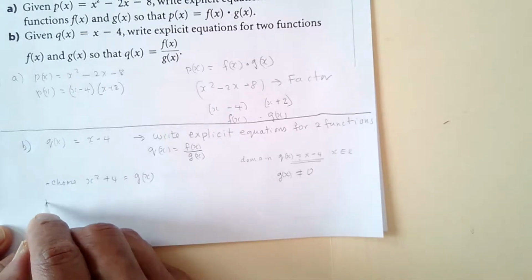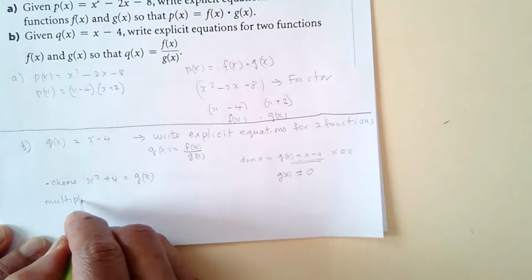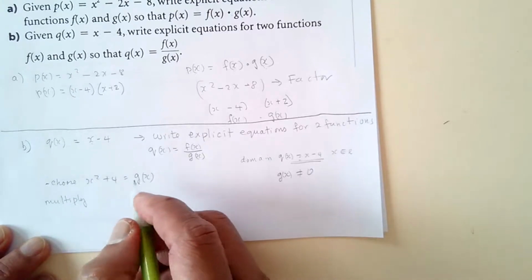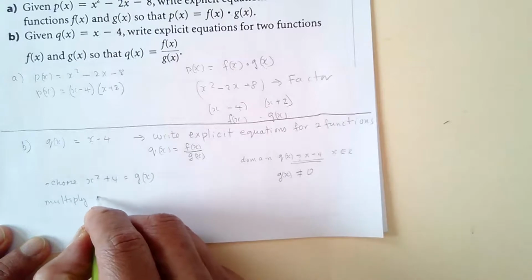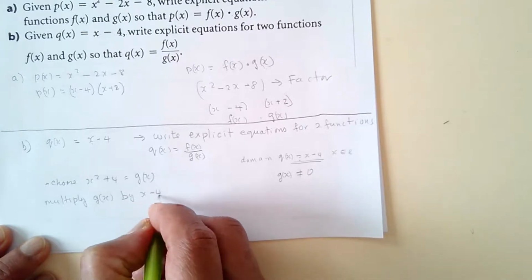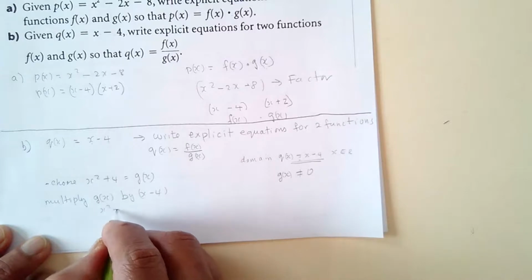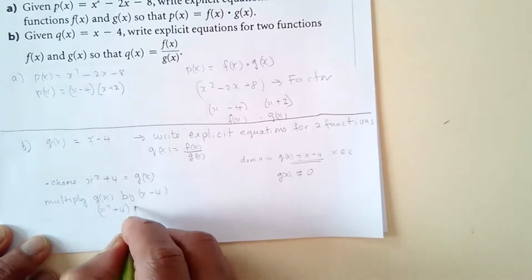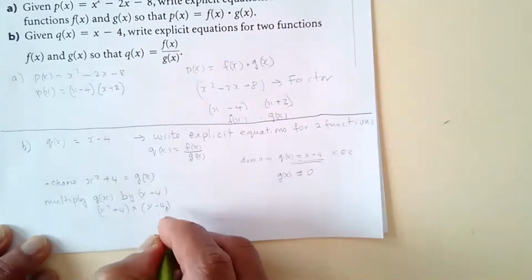So next I multiply g of x by x minus 4. So that will be x squared plus 4 multiplied by x minus 4.